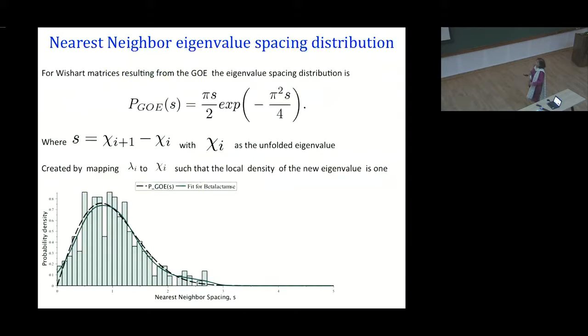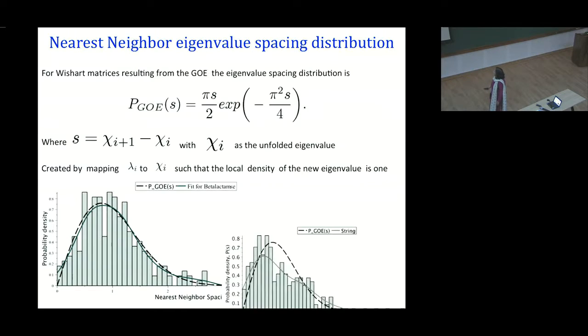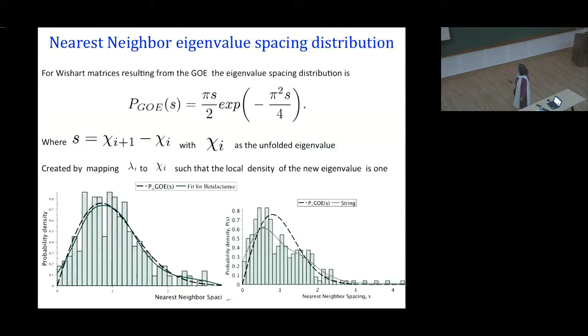So we do the usual random matrix process and find that the spacing distribution of these eigenvalues after unfolding, etc., is almost the same as the GOE. But this is the case for the data matrix that we use. For the frequency-based ones, the spacing distributions are not quite the spacing distributions that one finds for the GOE.